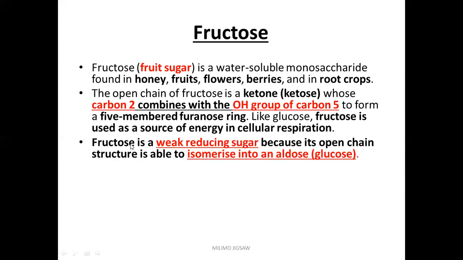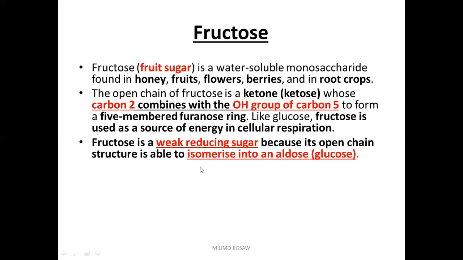Then of importance is that fructose is a weak reducing sugar. Because remember, fructose has a ketone carbonyl group. It is a ketose and it is not an aldehyde. So no wonder it's a weak reducing sugar.